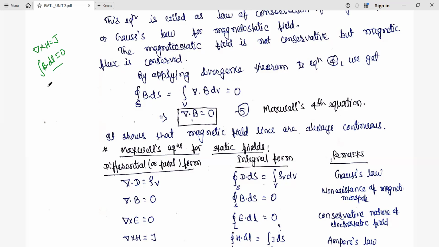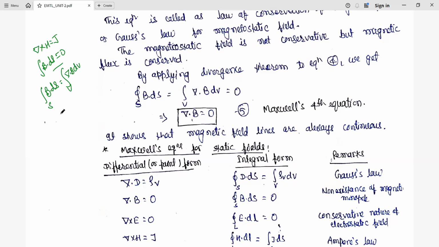Now we have a relation between the surface integral and the volume integral using the divergence theorem. We can write the integral of B dot ds, the surface integral, equal to the volume integral of the divergence of the vector, del dot B dV.